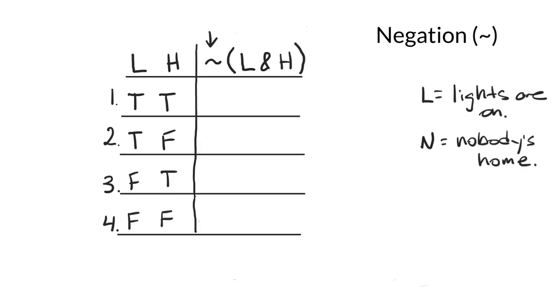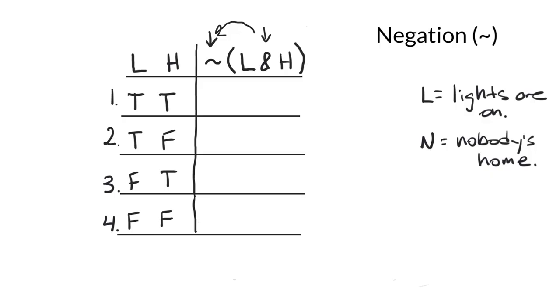So the way that I would work this is I would get the truth value of the conjunction and put that under the ampersand. And then I would flip that to get the truth value of the negated statement, the whole statement. So we know that the conjunction is only true when both sides of the conjunct are true.